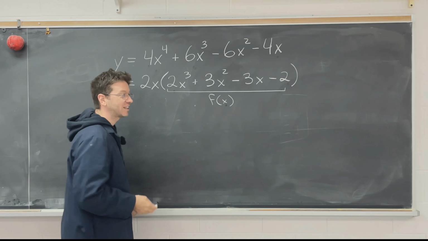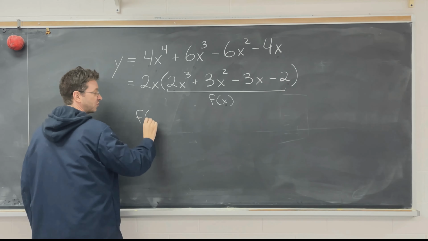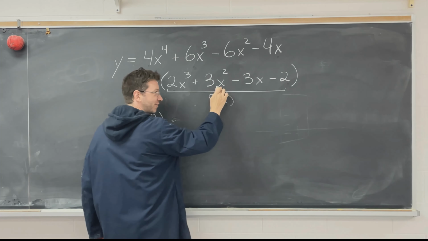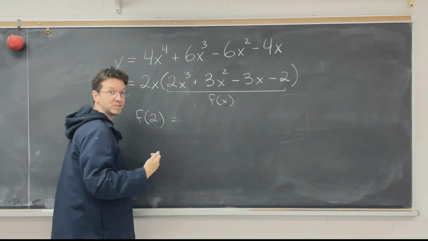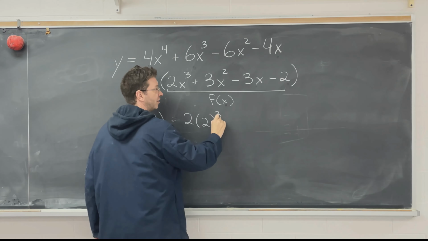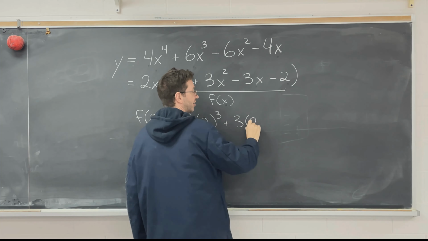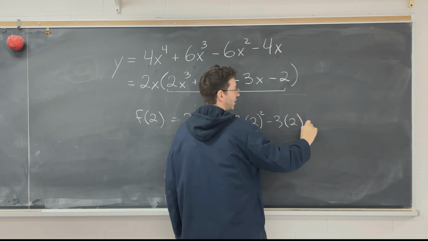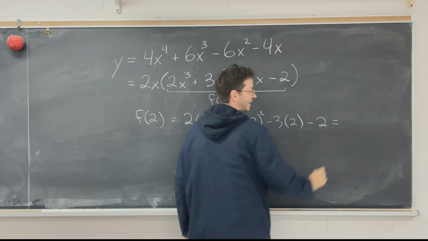This is what can be time consuming because you can try f at 2, right? You're going to plug in 2 for every value of x. What would you get? You would write 2 times 2 cubed plus 3 times 2 squared minus 3 times 2 minus 2. So what does that equal?